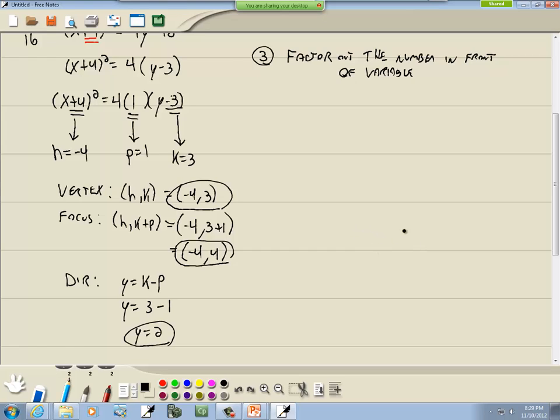Okay, let's see what we get. Vertex is negative 4, 3. Focus is negative 4, 4. And directrix is y is equal to 2.